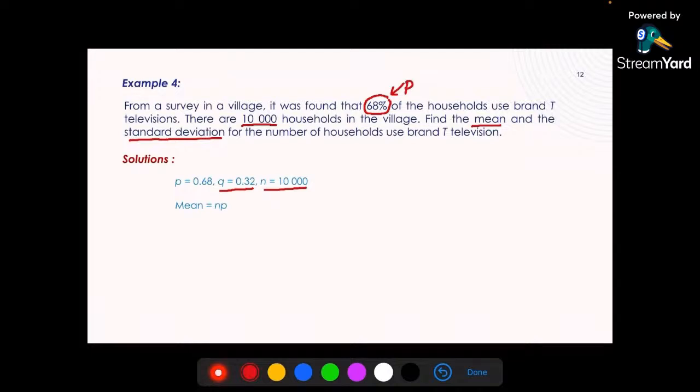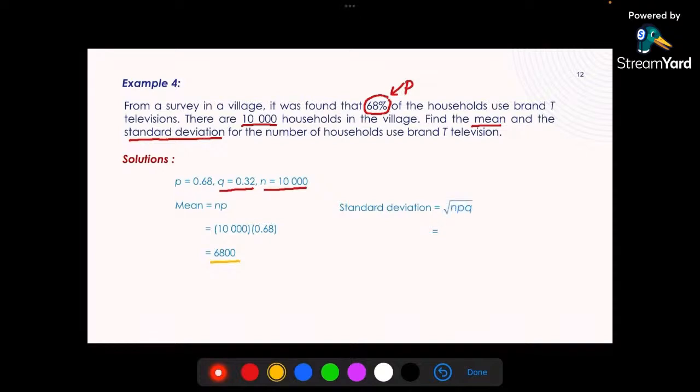Okay, now they ask for the mean. As we know earlier, mean is equal to np. You just multiply n with p, you get 10,000 times 0.68, which is 6,800. Okay, next, we want to find the standard deviation. Standard deviation is given by this formula, the square root of npq.